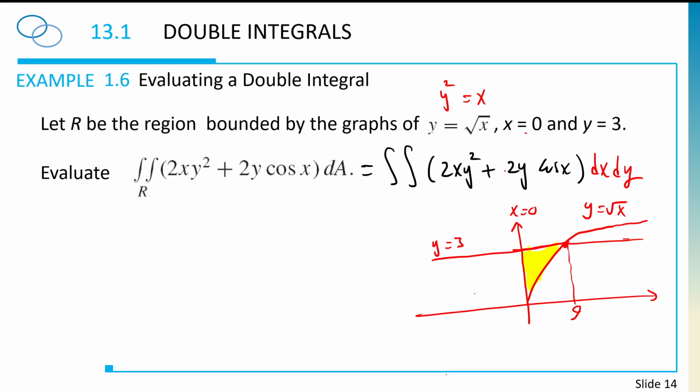If I need to have x first, I'll start with 0 to y squared. Then y. What should be y? Y, it's from 3 and y equals radical x. But x is 0. If x is equals to 0, what should be y as radical x? It should be equals to 0. Then the boundaries for y is from 0 to 3.